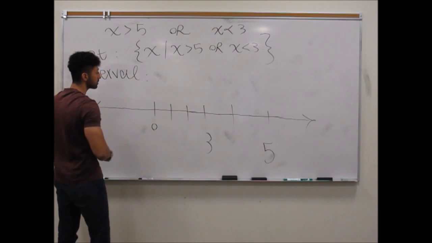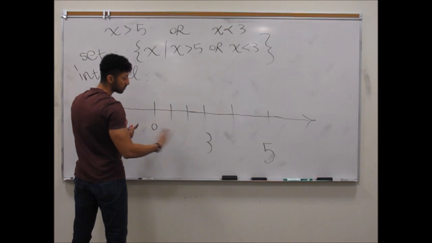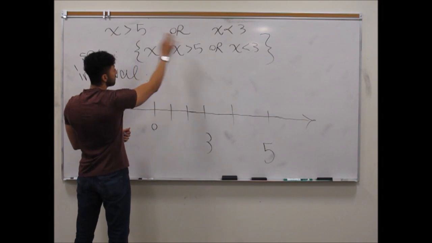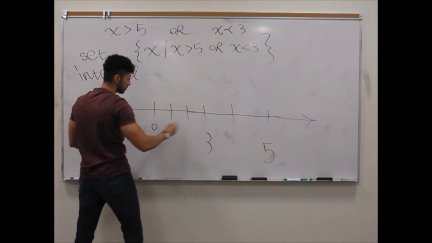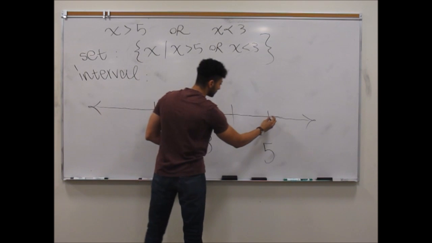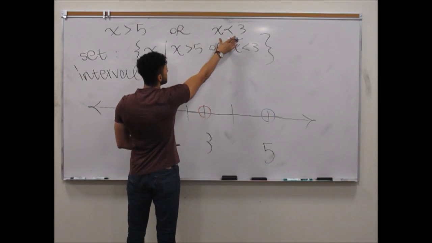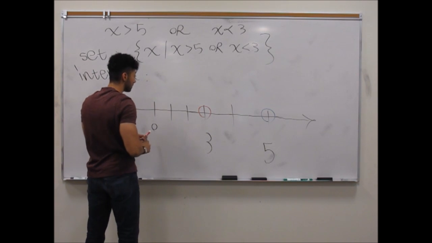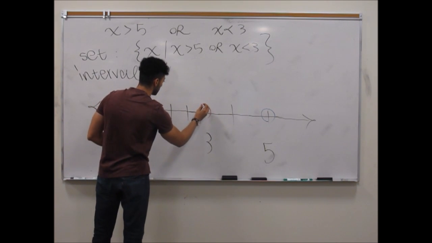Now with the interval notation, it's better to sketch it first sometimes to get an idea of what's going on. So 5 and 3 are not included, so I'm going to do the open case to indicate that. You could use a paren if you want. This piece is saying x is less than 3, so values that are less than 3 are going to the left.